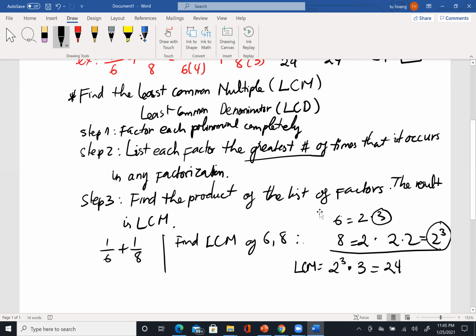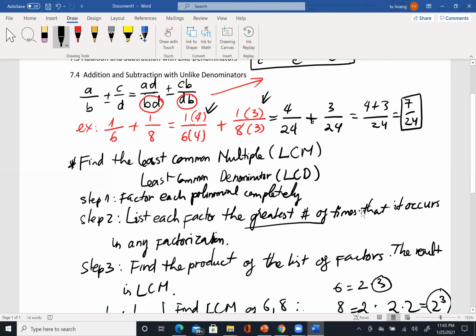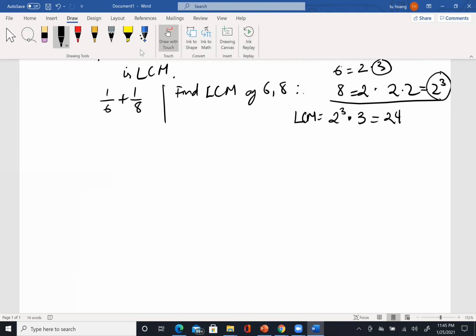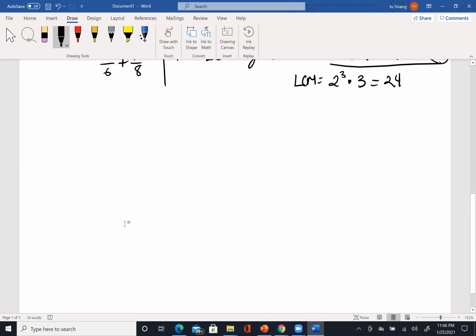Okay, so let's do another harder problem and see what happens, right? So now let me have another example. Let's say find the least common multiple, or someone calls it the least common denominator.